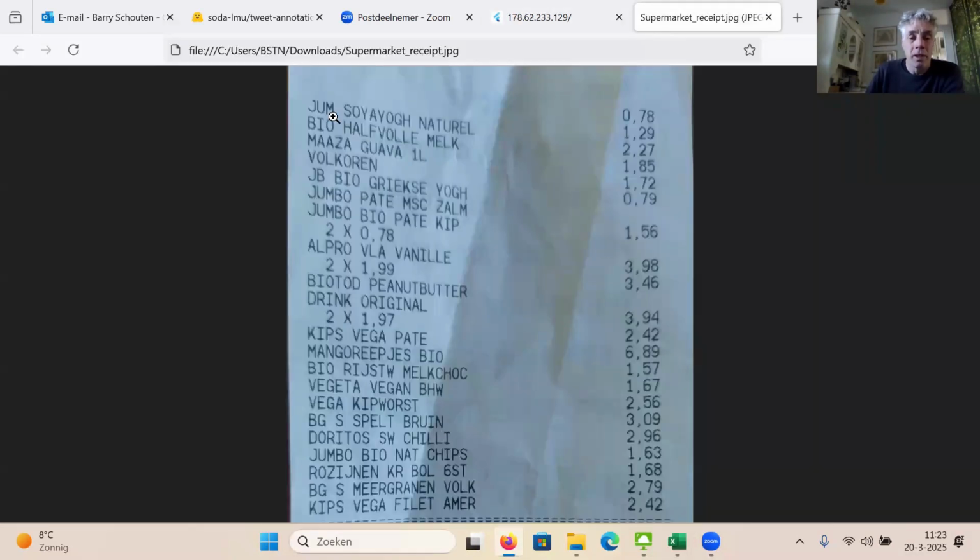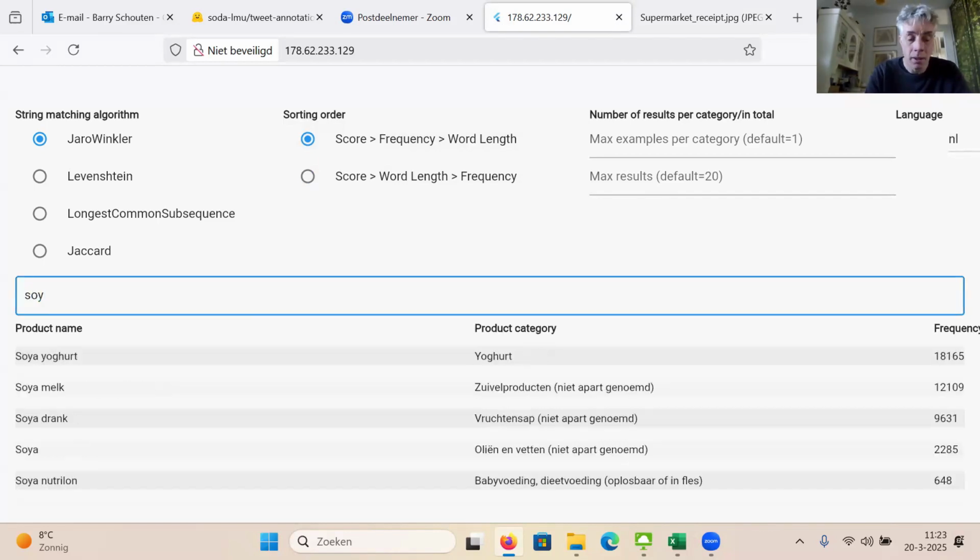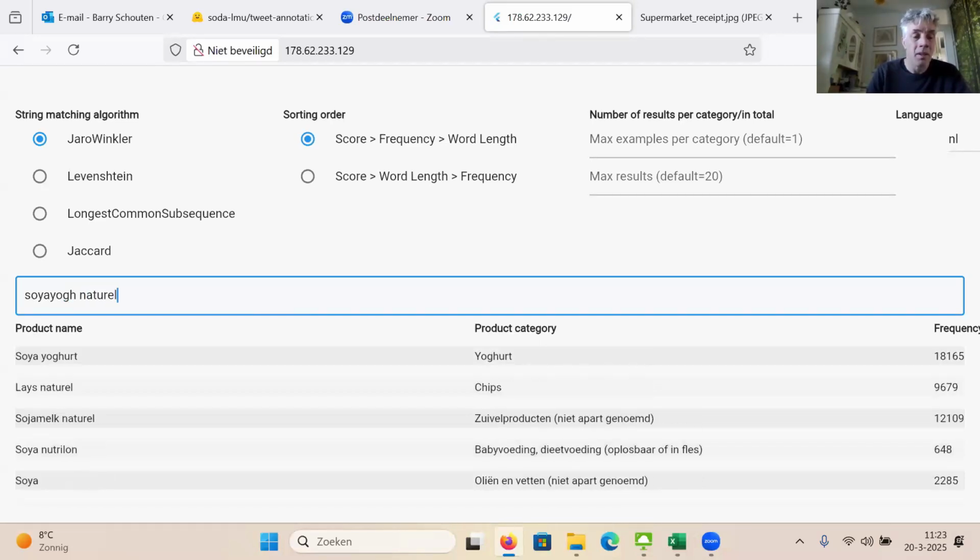My first is soya yogurt naturel. Let's see if I can classify this one. So this is how it's written on the receipt, and indeed, there is a product name that looks like it, soya yogurt.